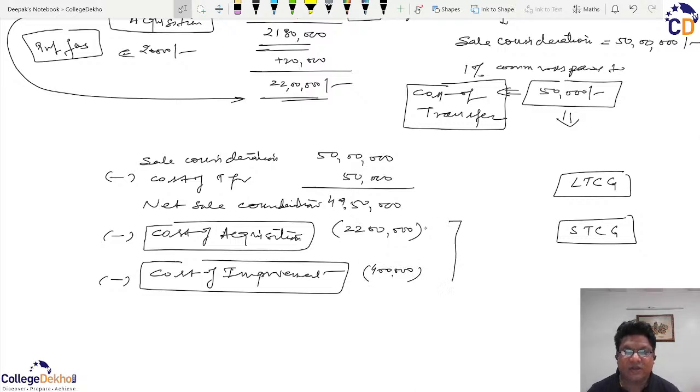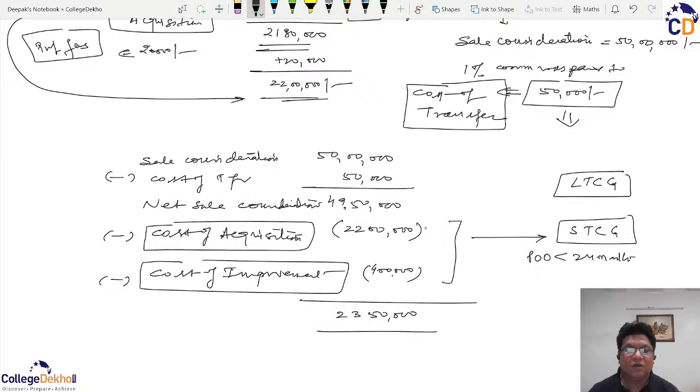So this was the case if it was short term gain, that is the period of ownership was less than 24 months, and therefore this resultant profit of 23 lakh 50,000 must be denoting the short term capital gain.